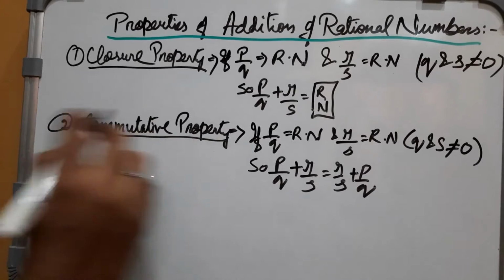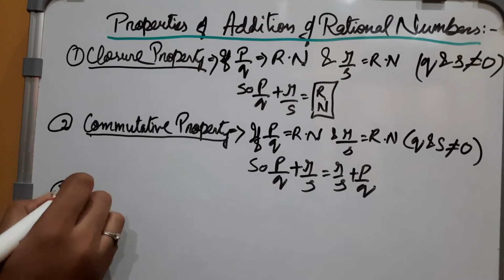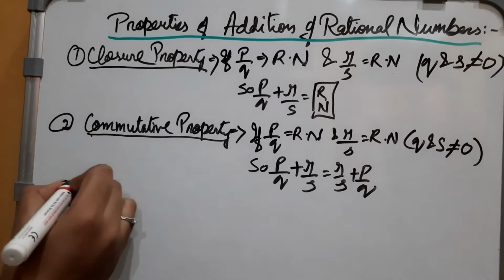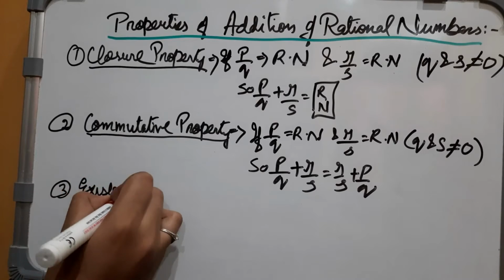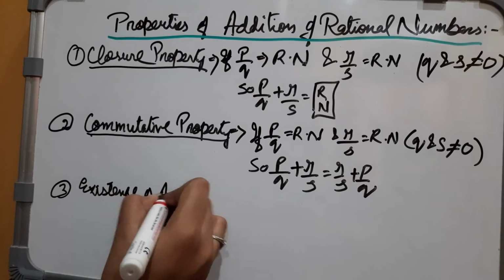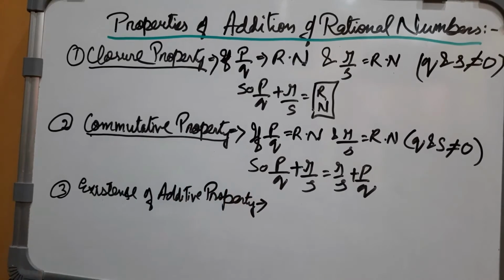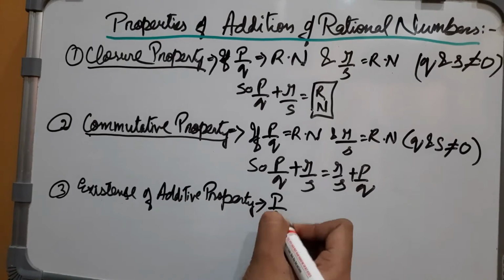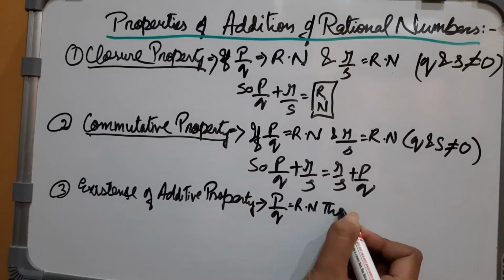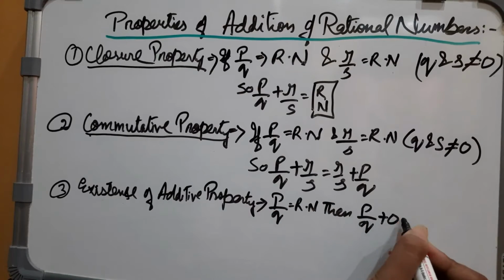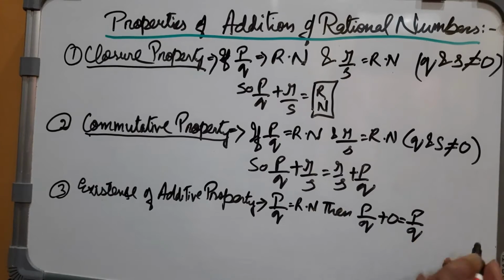Got it? So this is commutative property. Now third one is existence of additive identity. In this property, suppose we have a fraction p by q, and it is a rational number, then p by q plus 0 will be the same, that is p by q, or 0 plus p by q.